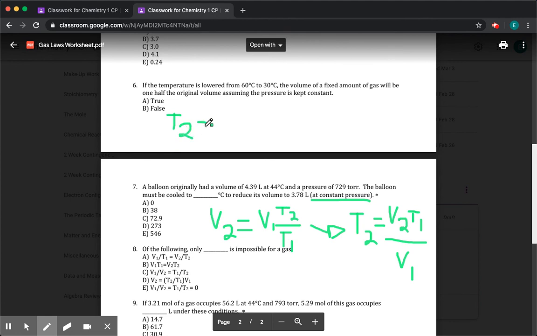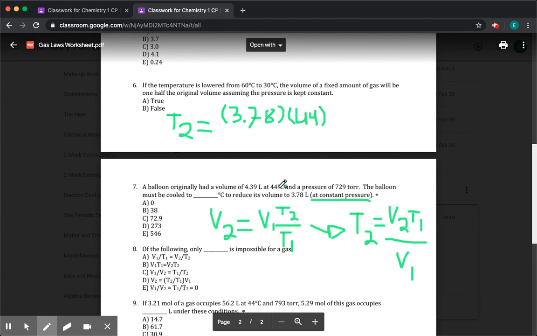So then T2 has to equal V2. V2 is going to be 3.78. That's the new volume that we want. Then T1, what's the original temperature? The original temperature is 44 degrees Celsius. Now, side note, normally when you're using these types of equations, the temperature usually has to be in Kelvin.